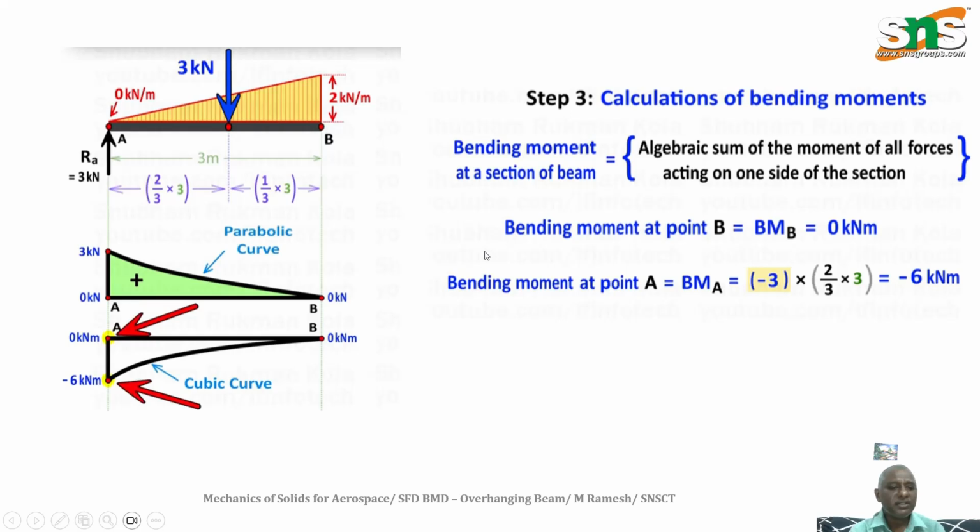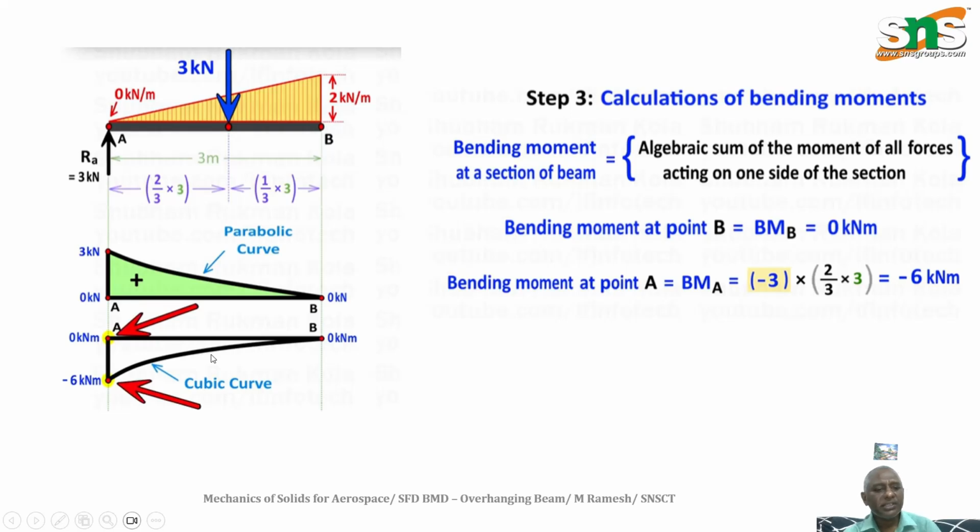Okay, so this is a simple case of the diagram. Simply only one point and another point. We already know that the end condition at B, the bending moment, is equal to 0 and here it is equal to 0. And draw the bending moment 0 line. Here it is minus 6 at the bottom. So you draw, you touch down, and that is how the curve will be. Here the shear force diagram is a parabolic curve, and this is a cubic curve.